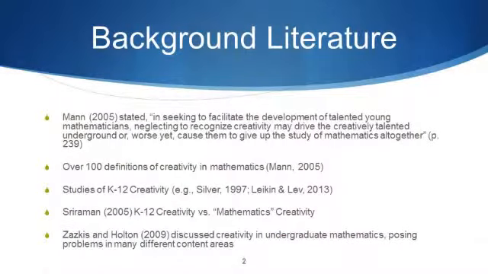There are over 100 definitions of creativity in mathematics, and we are going to focus on one of them. So you all will be spared the other 99 plus. There are also studies of K through 12 creativity throughout the literature. I just cite here Ed Silver's 1997 article and Lycan and Lev in 2013 for a recent example of creativity in mathematics.